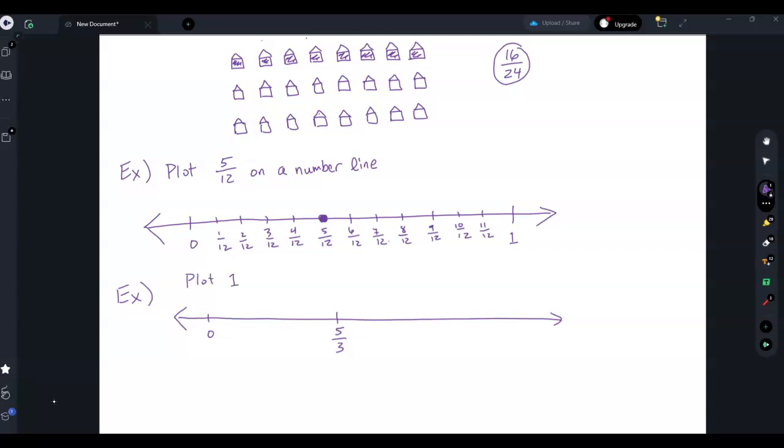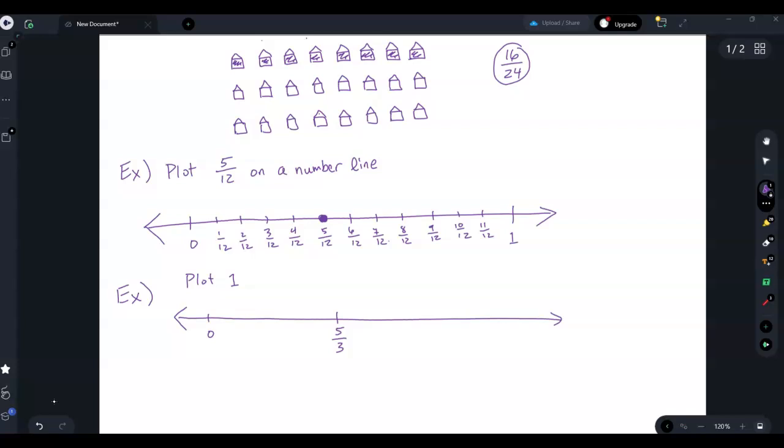So where is 1 on this number line? Well, I know 5/3 is an improper fraction, right? That's technically 1 2/3. So I know that's bigger than 1. So, a simple answer to this would be to say, well, 1 is in between these two. It's somewhere between 0 and 5/3. But that doesn't mean that you can just put it wherever you want.